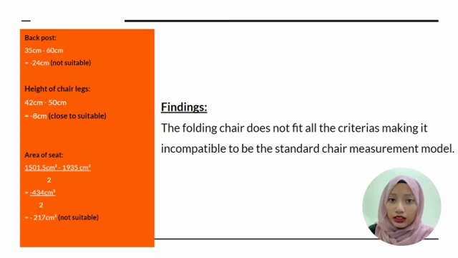And the last one is the area of the seat, which we got negative 270 centimeters squared, which is not suitable, far from suitable. Based on these 3 calculations, we have seen that the folding chair does not meet all the three criteria, showing that it is not suitable to be the standard measurement of a chair.